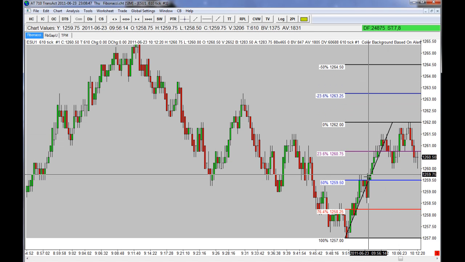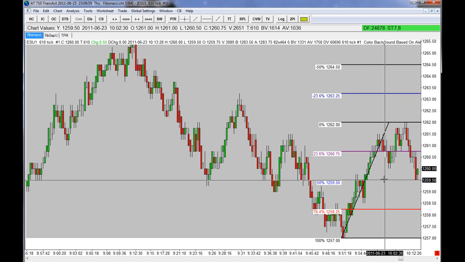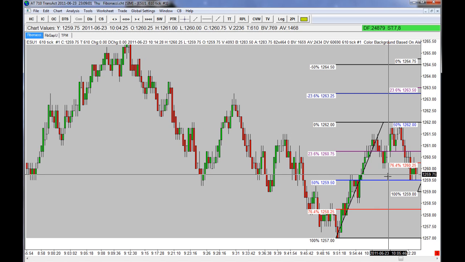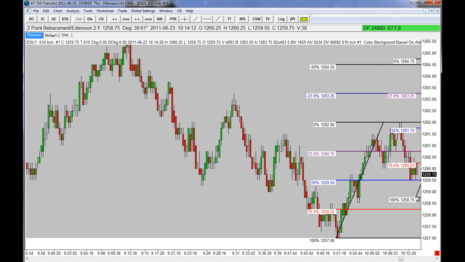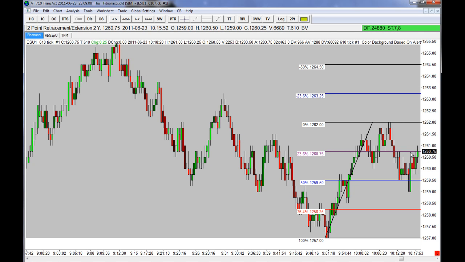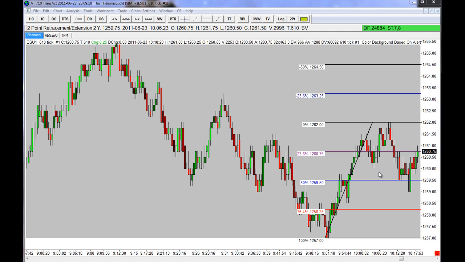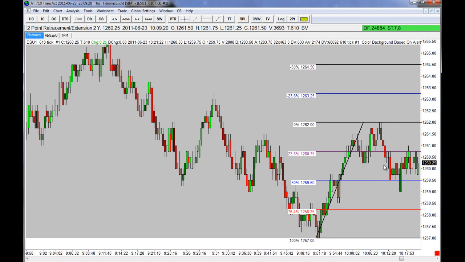Okay, so I had an order here at 12.59 3/4, looking to take 1 point, risking 6 ticks, 1.5 points, got filled. Then I got filled at my target here, so I took another 4 ticks, 1 point.